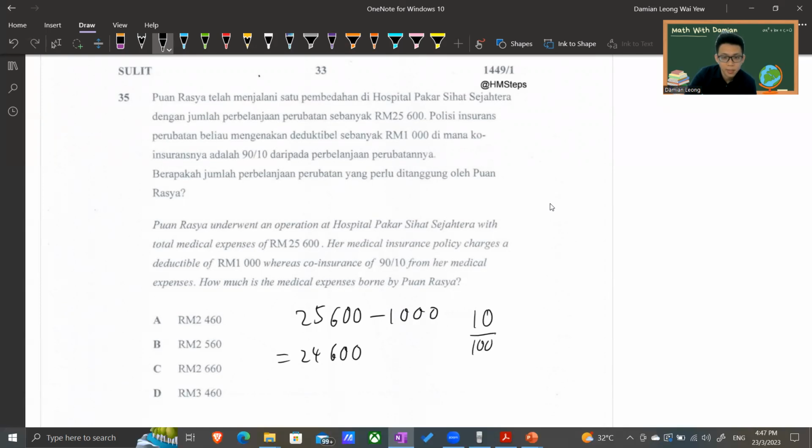So 10% of 24,600, which is 2,460. Then the deductible is borne by her also. So I add back the deductible 1,000. So 3,460. Answer is D. Okay.